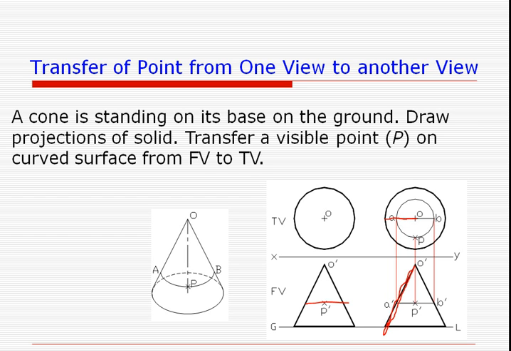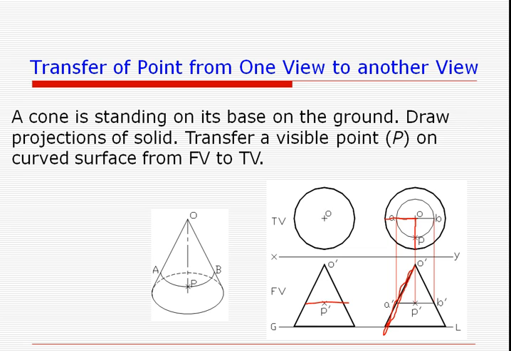That is how A dash was transferred to obtain A. And then we have to transfer it on this generator in the top view. So we get the arc, or the circle, to transfer that point. The point B dash was to be transferred in the top view.